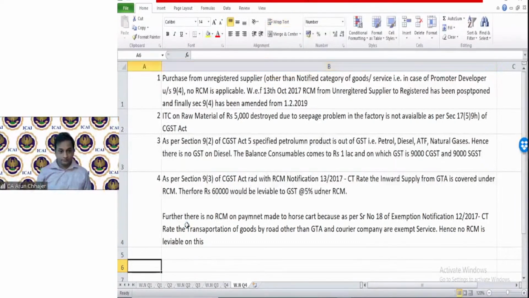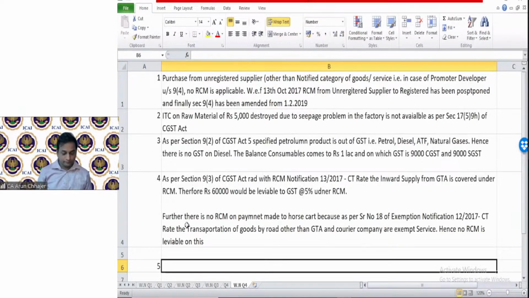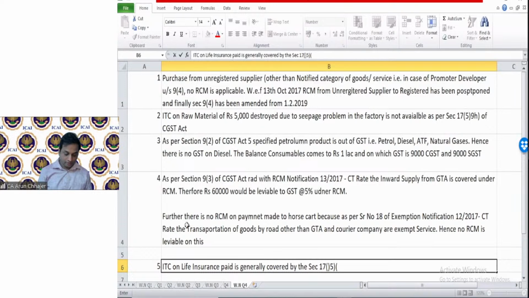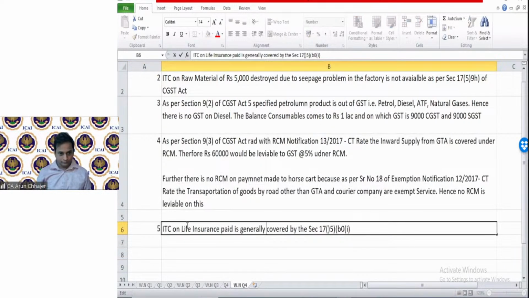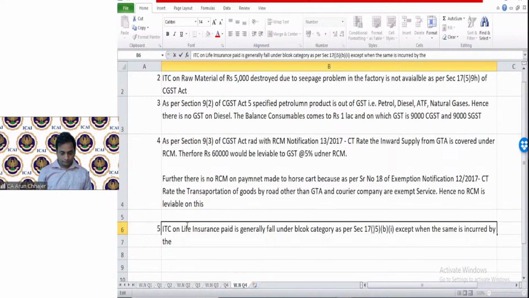the ITC on life insurance paid is generally covered by section 17 subsection 5 clause B subclause 1, except when the same is incurred by the employer as a part of compulsion by any other law.